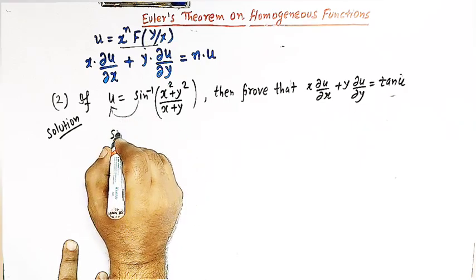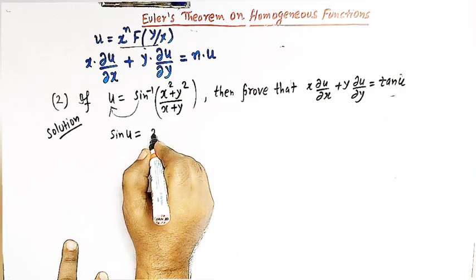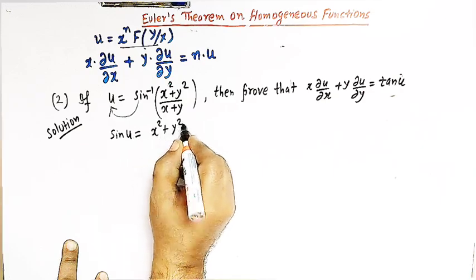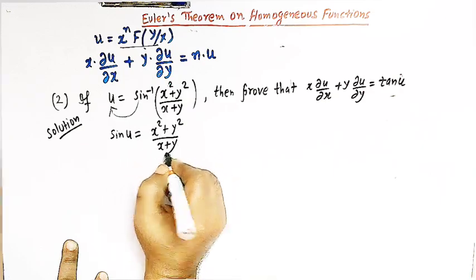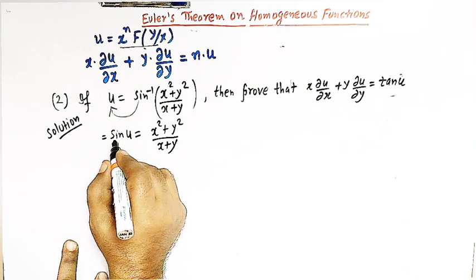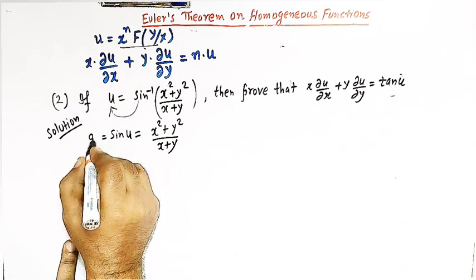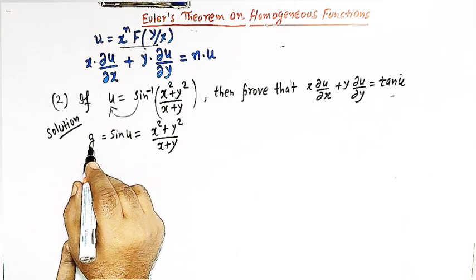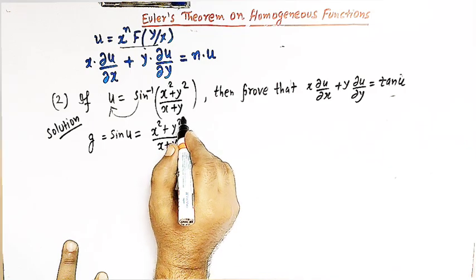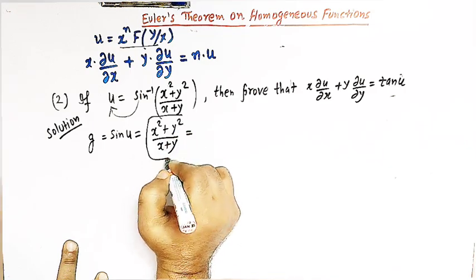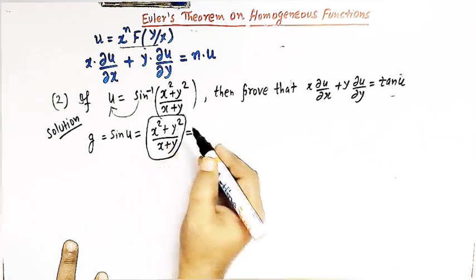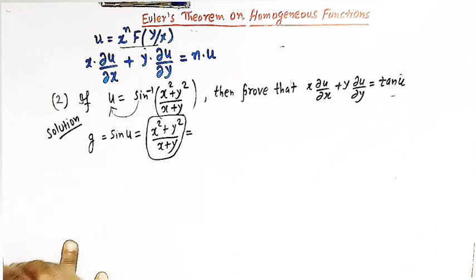So we have sine of u is equal to x square plus y square over x plus y, right? And let us take sine of u as a function g, right?